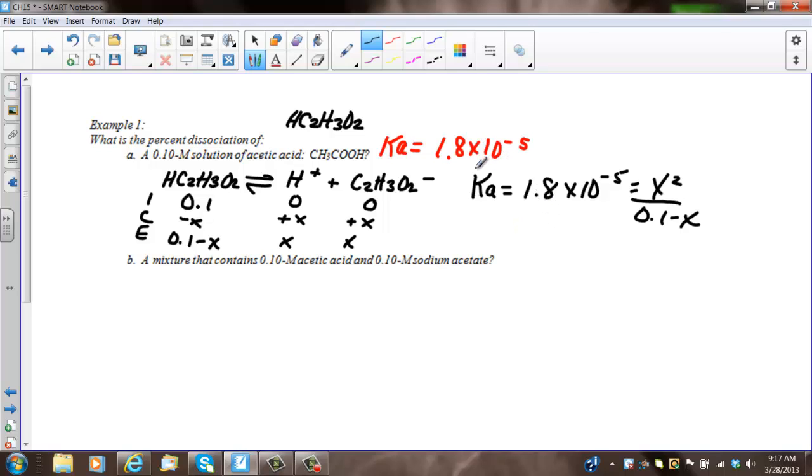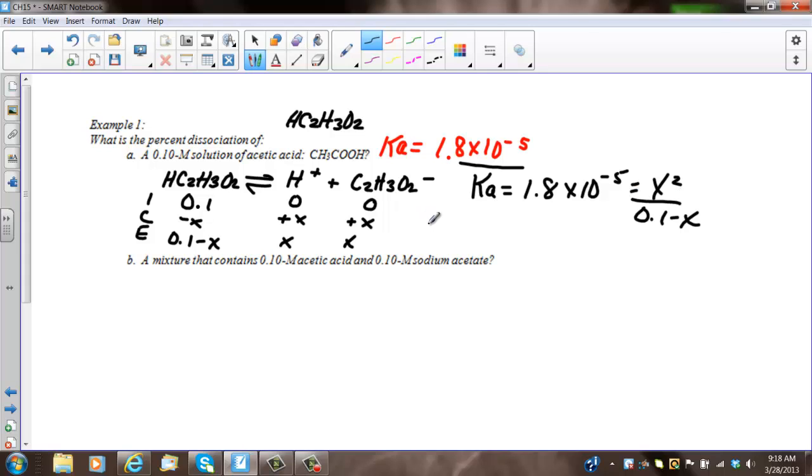Again, the easiest way to do these problems is using your solver. However, you can realize that because this Ka value is so small, this X is also going to be very small. And if you just wanted to solve it algebraically, you could get rid of this X and just solve algebraically for X using the X squared.